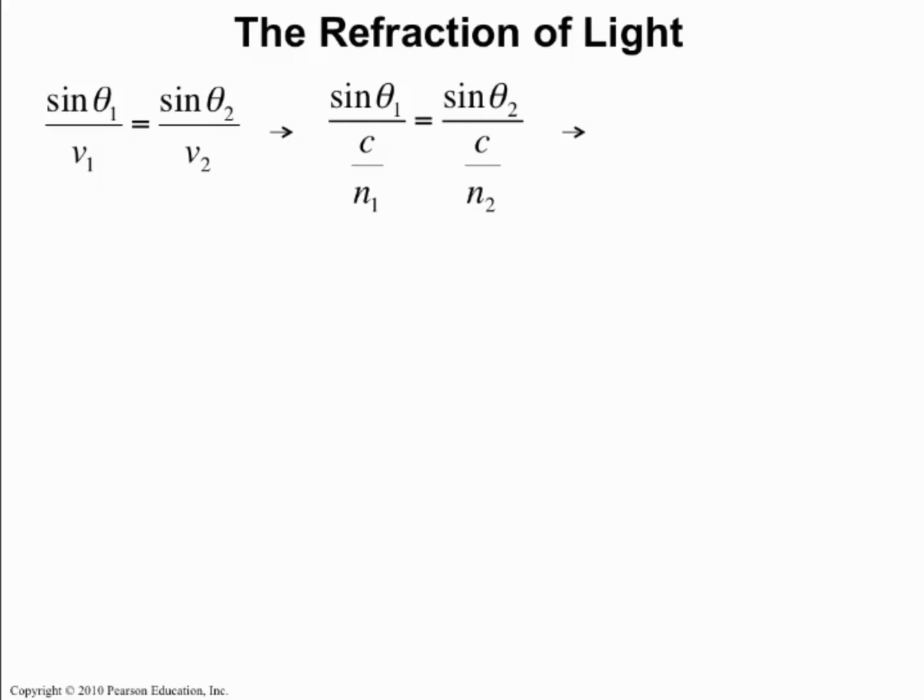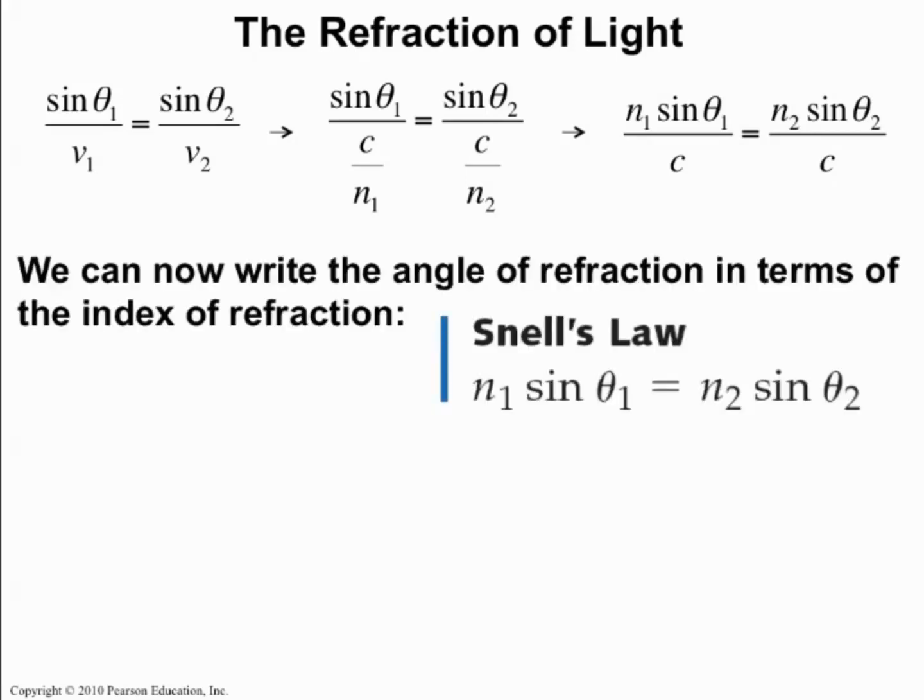We have light going through two different substances here. Well, then we can rewrite, so we have N1 sine theta 1 over C equals N2 sine theta 2 over C, and that brings us to Snell's law, which is N1 sine theta 1 equals N2 sine theta 2.